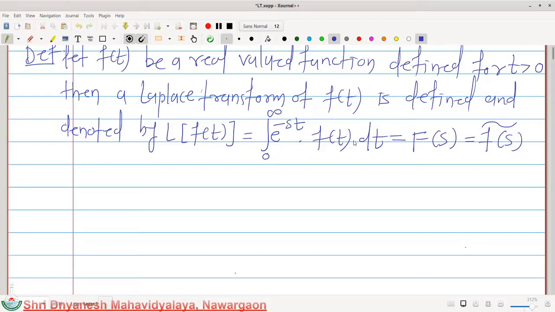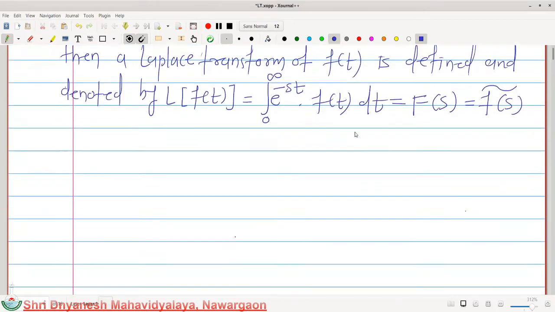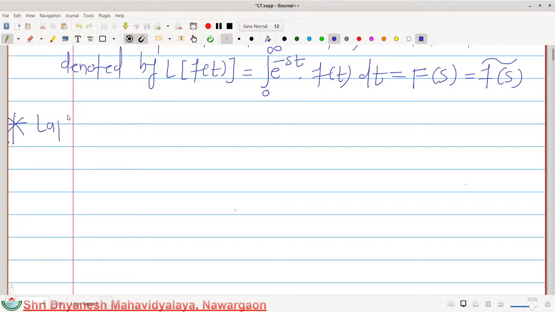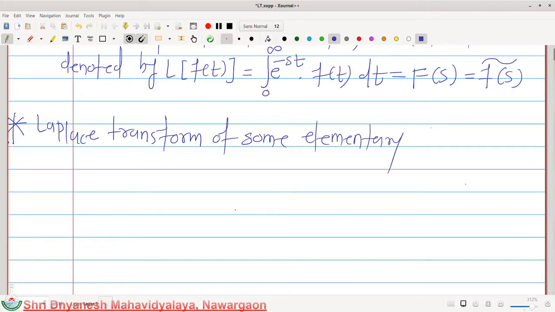Okay, let's see some examples. Example means we will see the Laplace transform for some elementary functions.